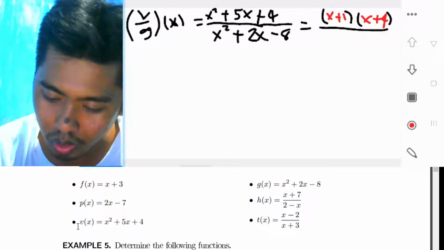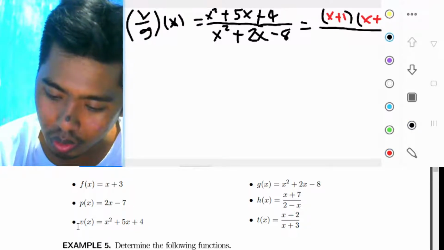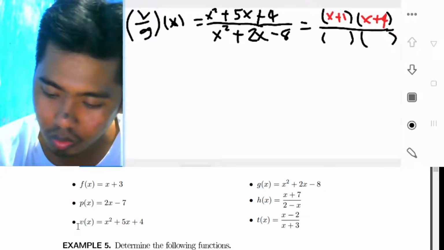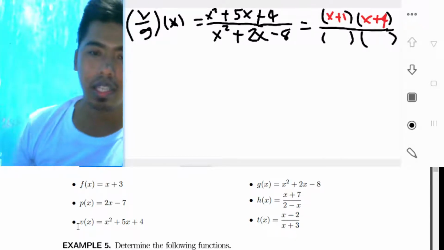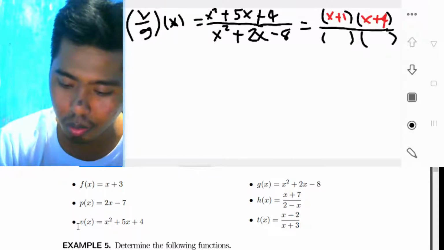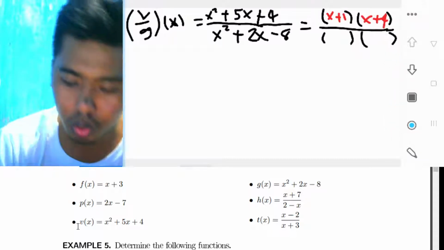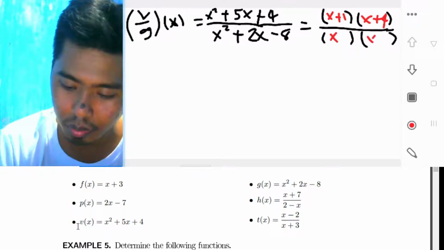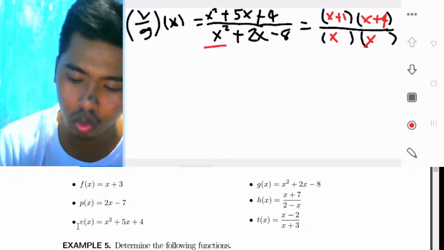Next we're going to create another box in the denominator. Same procedure as in the numerator. We're going to have x and x here, because if we multiply x, we get x squared.